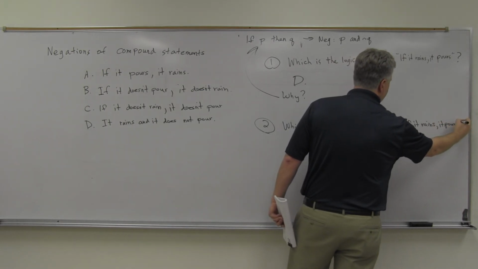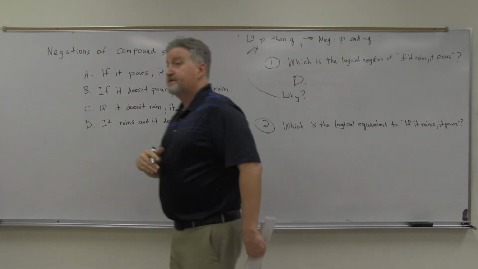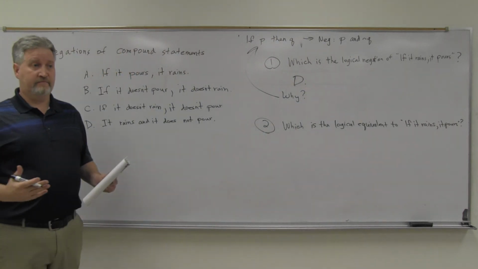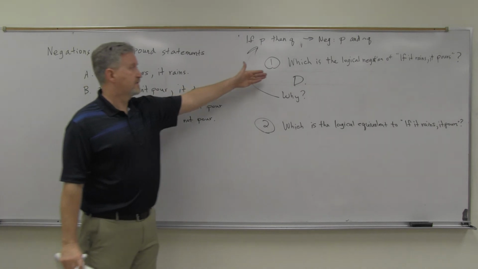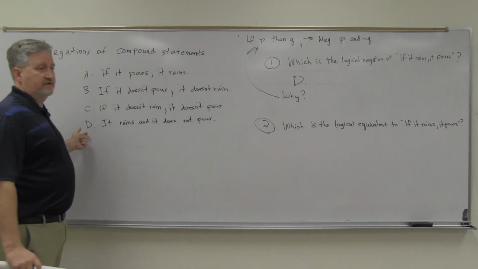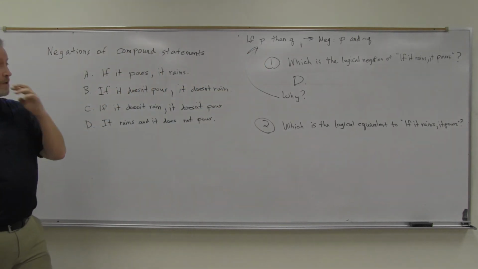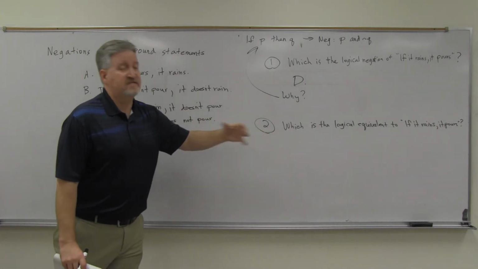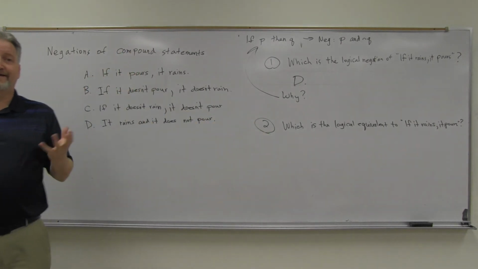Okay, so we changed our gears here because now we're looking for something that's exactly the same. Negation is the exact opposite. This D says the exact opposite of what that statement says. Now we're looking for a statement that says exactly the same thing, but in a little different way.